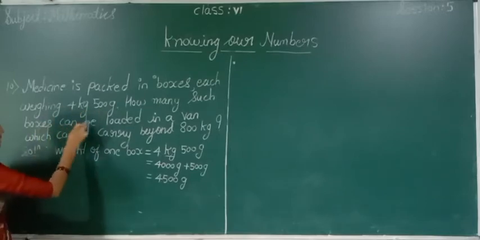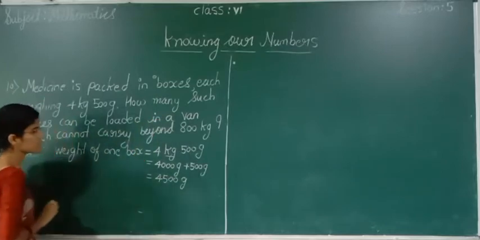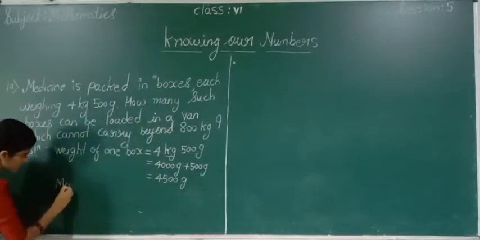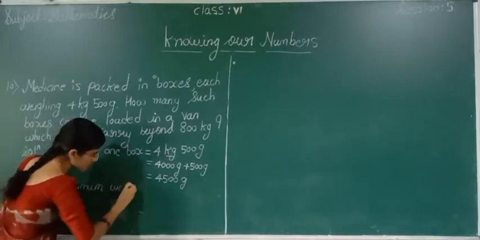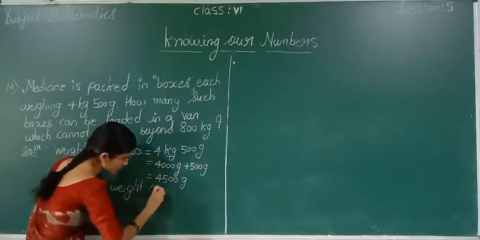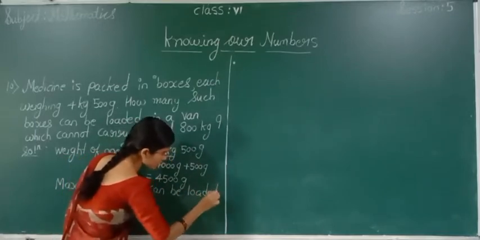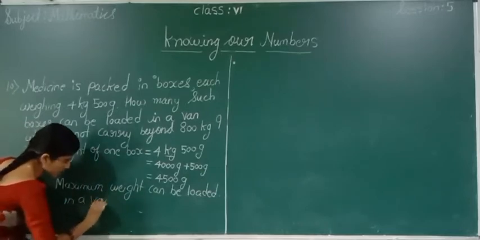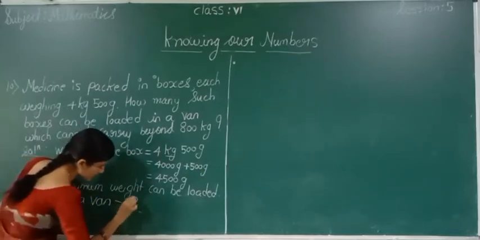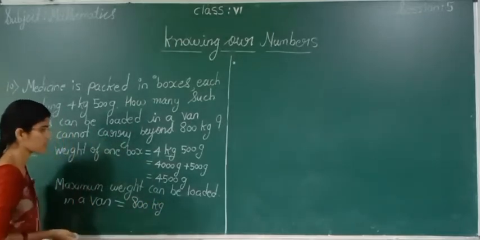Next, how many such boxes can be loaded in a van which cannot carry beyond 800 kg? See, what is the maximum weight that can be loaded in a van they have given? Equal to 800 kg. This also we convert into grams.